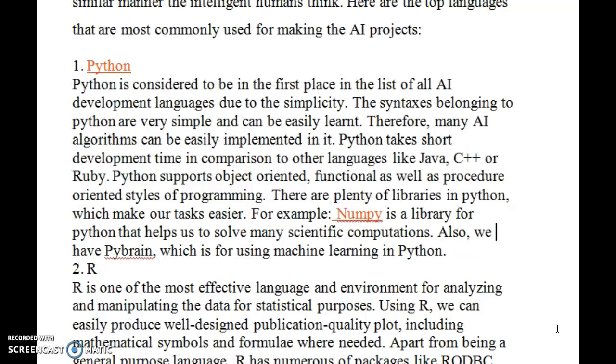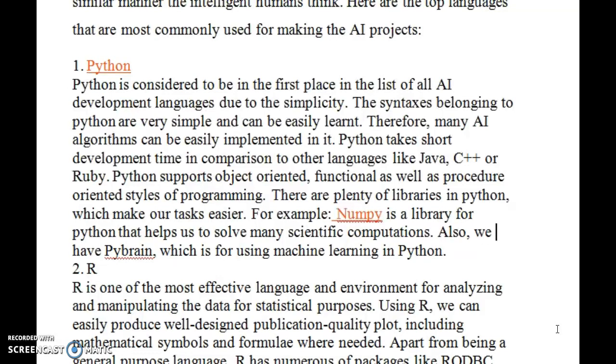AI means artificial intelligence. Python takes short development time in comparison to other languages like Java, C++, or Ruby. Python supports object-oriented, functional as well as procedural styles of programming.